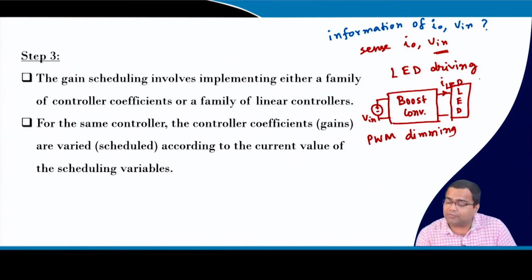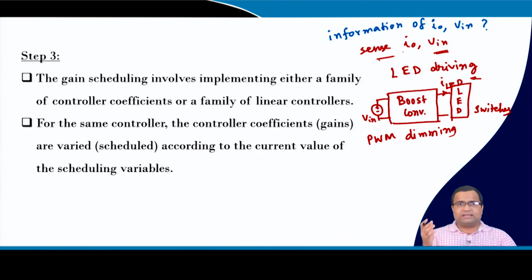So, you know the value of the current, and if there are multiple strings, we will know the different nominal current ratings, and we are only controlling the dimming switches of the boost converter. So, whenever we change these dimming switches, we are essentially getting the information of the nominal load current, and that can be used to tune the controller or get the parameters. So, this is another possibility.